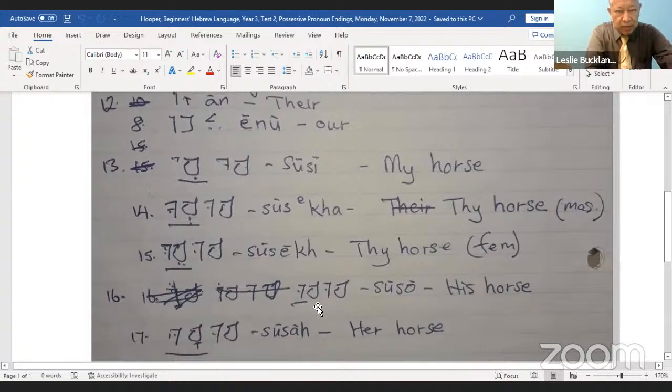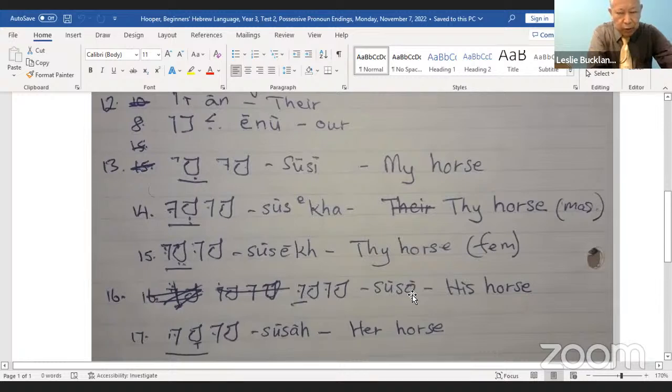Number 16, she identified the possessive pronoun, but the possessive pronoun which comes here is similar to this, only that the dot is written at the top and not inside of the consonant. It's written at the top.